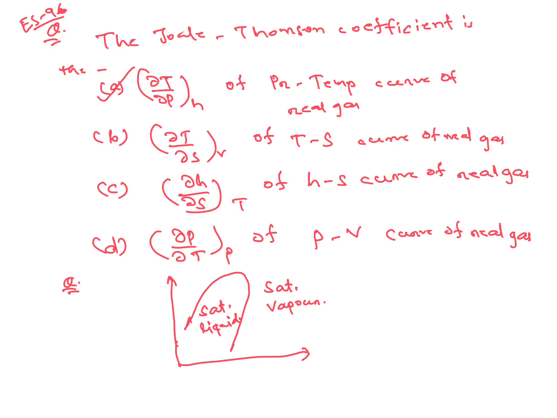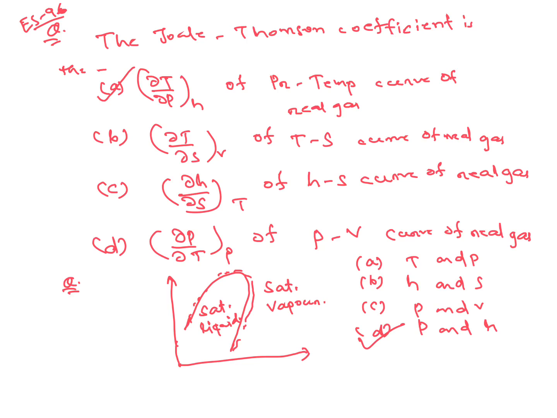Options A, B, C, D: temperature and pressure, enthalpy and entropy, pressure and volume, pressure and enthalpy. It's the P-h graph. We know the throttling process on the P-h graph is like this, it will come like this.